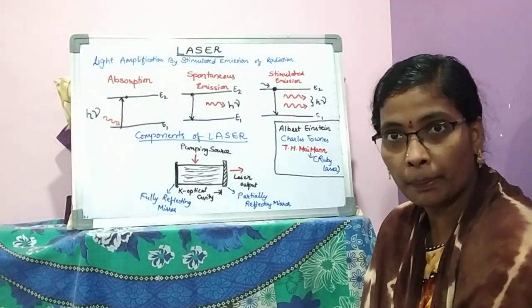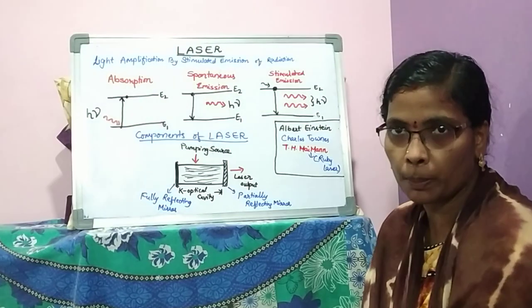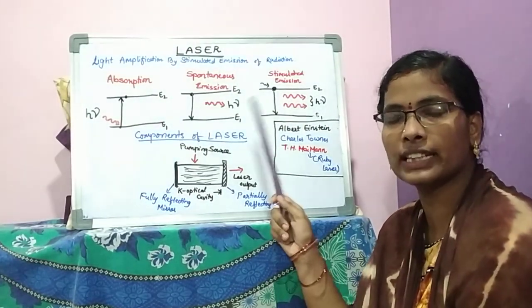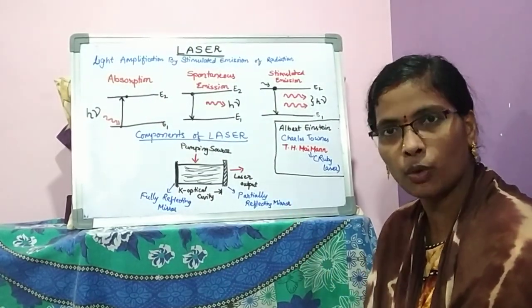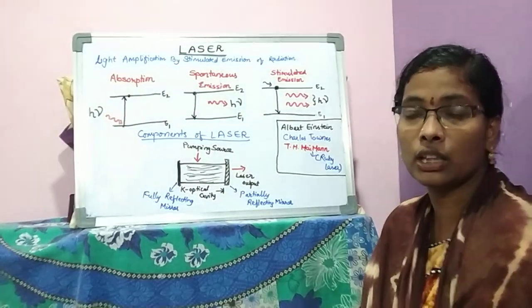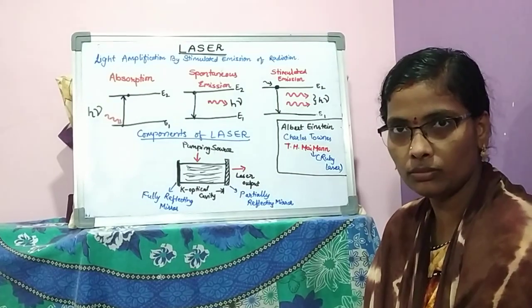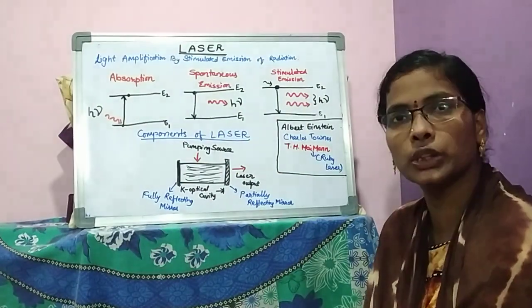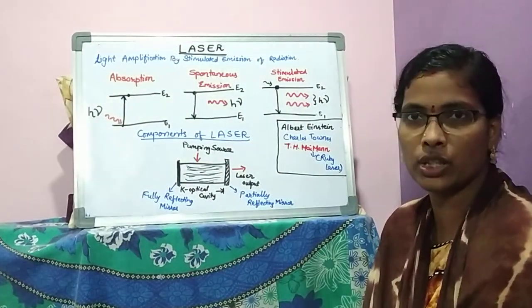But in the case of population inversion, it is just the opposite: the atoms present in the excited state will be more than in the ground state. If that occurs, then only we can achieve the laser principle. So the pumping source is used to achieve population inversion.